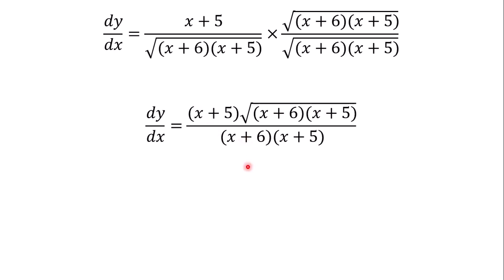Okay, and remember this one here can also apply the multiplication law of surds. This one here can be written as square root of x plus 6 times square root of x plus 5.